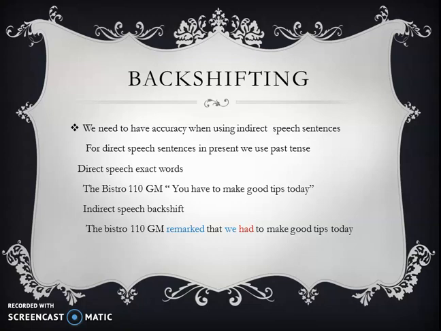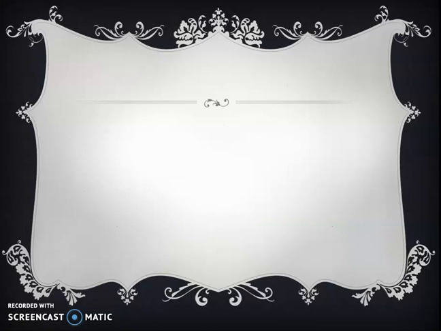Then the other part of the backshift: instead of "you," we use "we." And instead of "have," we use the past tense of "have," which is "had." And I use, as I said, my special verb for this type of example from the present to the past.